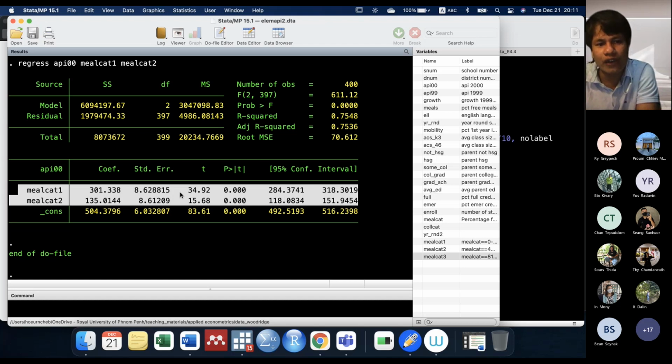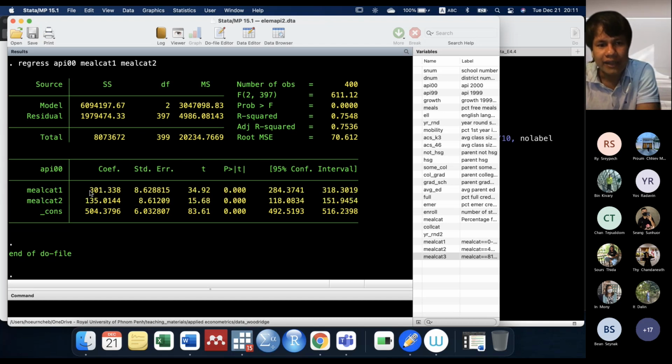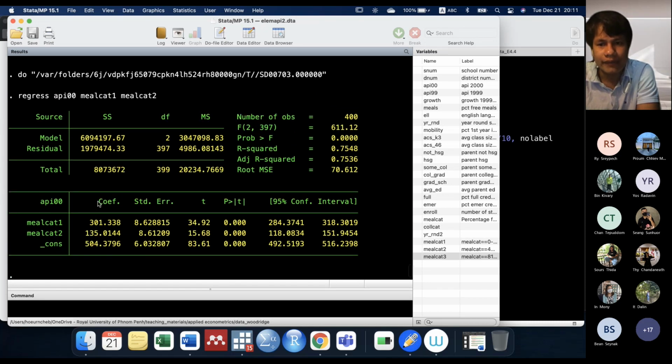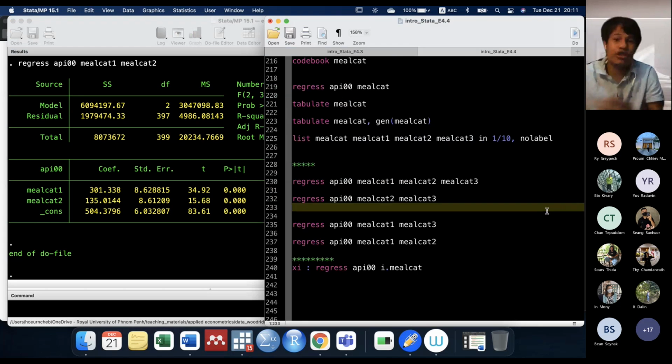That is why the coefficient for meerkat 1 is positive, 301 higher than category 3, and schools in category 2 are 135 higher than schools in category 3. So your base category determines the coefficient of the dummy that you use in the model.